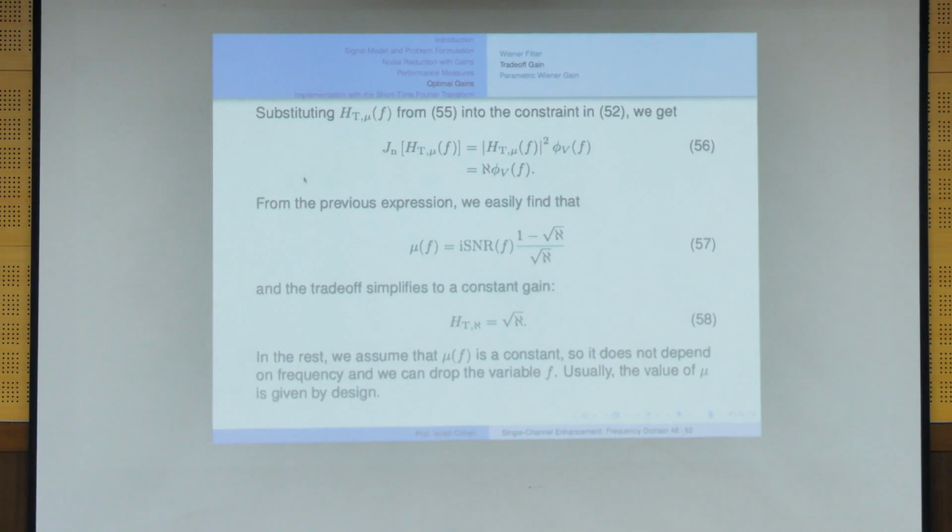So we have a nice relation between mu and Aleph. Okay? Actually, if we want this narrowband constraint to be satisfied, it means that the gain should be the square root of Aleph. So it's very obvious.